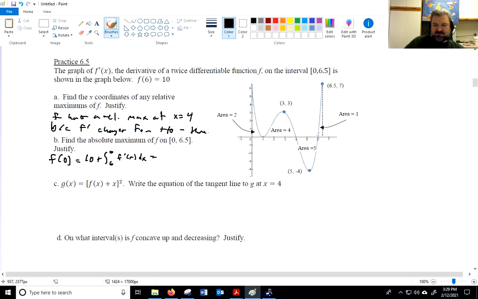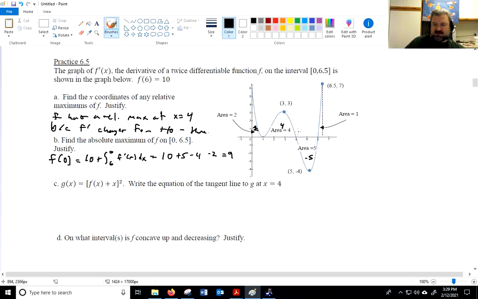We know that f of 6 is 10, but here let's find the integral. This is 5. That's a negative, though. So this is a negative 5, positive 4, and a negative 2. But look, we're actually going backwards. So when we go backwards, this area here ends up being a positive 5. This ends up being a negative 4 and a negative 2 because we're moving backwards. So 15 minus 4 is 11, minus 2 is 9.